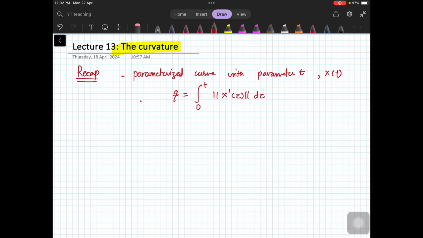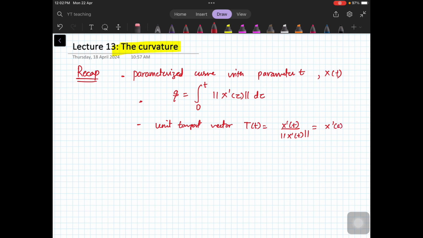And then we saw that there is a unit tangent vector, denoted by T(t), which is equal to x'(t) over the modulus of x'(t), and this was also equal to x'(s).